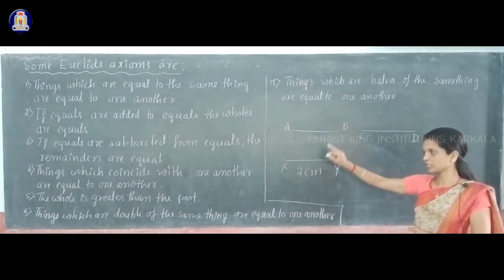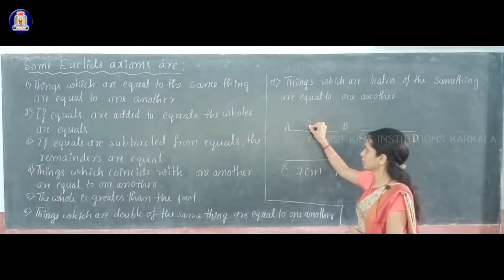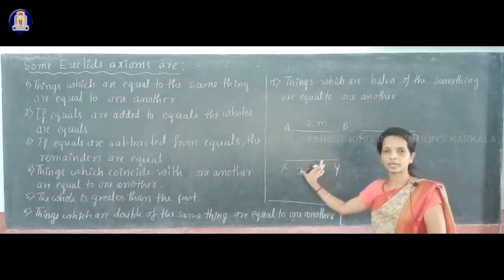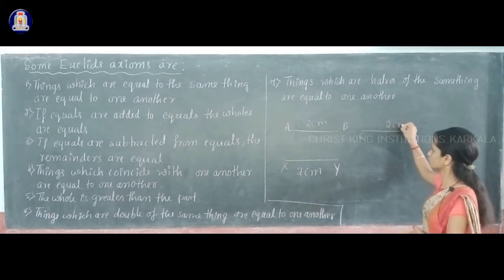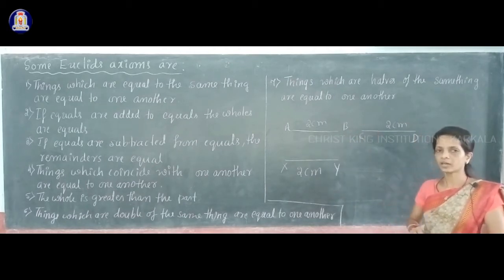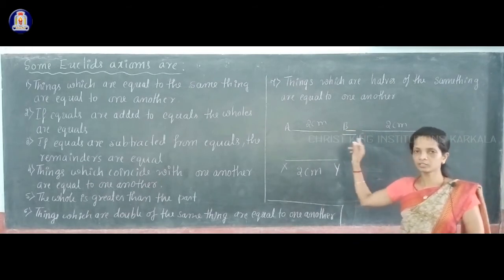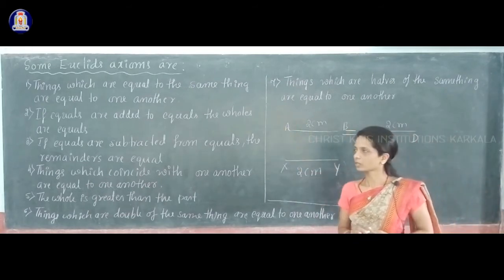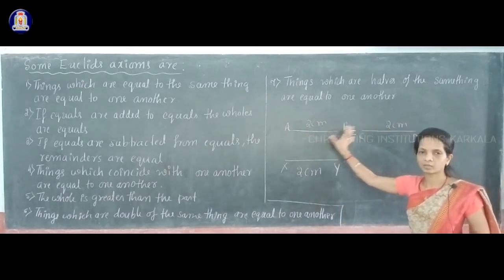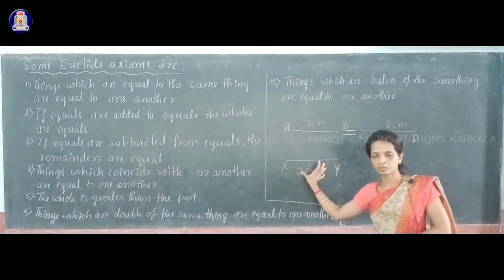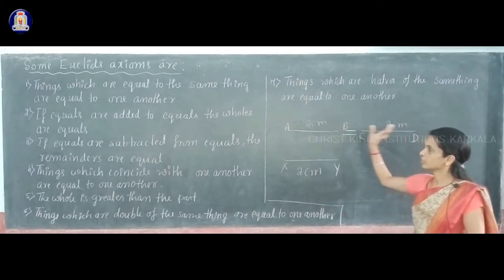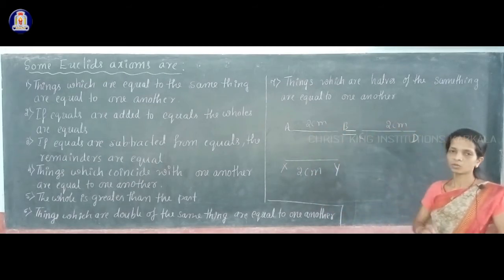So the line segment AB is equal to XY, meaning AB is 2 centimeter, and we take a line segment CD which is also equal to XY, meaning this line segment is also of length 2 centimeter. Now you can see these two lines are equal to one another, right? So this is about axiom 1: if you take two line segments which are equal to the same line segment XY, then these two line segments are equal to one another.